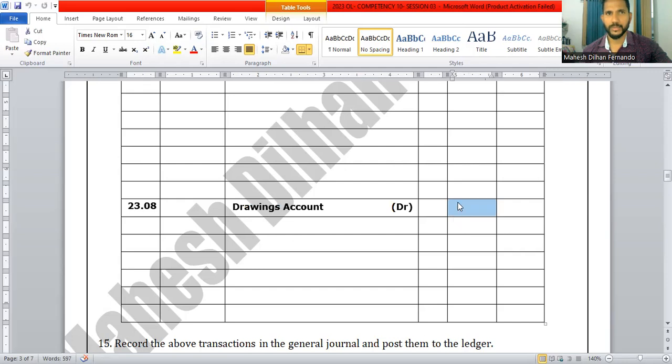Debit 20,000. This is the goods drawings. Then, for the credit side, goods drawings is always credited to the purchases account.